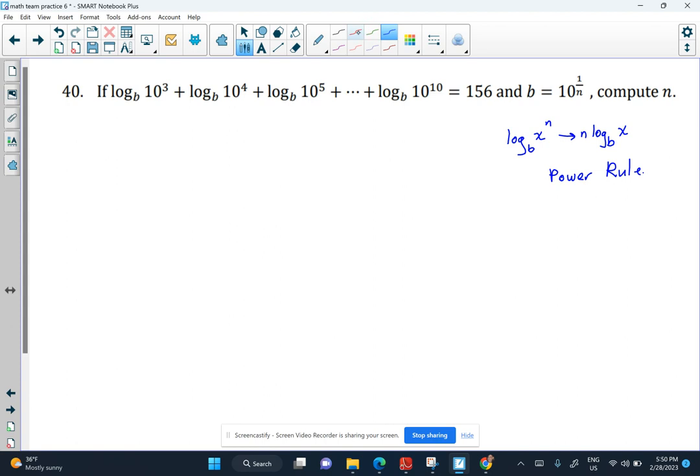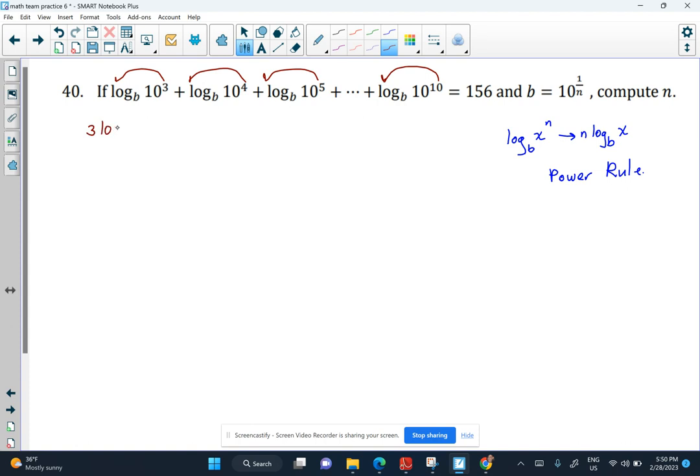Okay, so how do we do this from here? So I'm going to apply the power rule to each one of these items. And remember, dot, dot, dot, you're adding terms consecutively until you hit log base b of 10 raised to the 10.